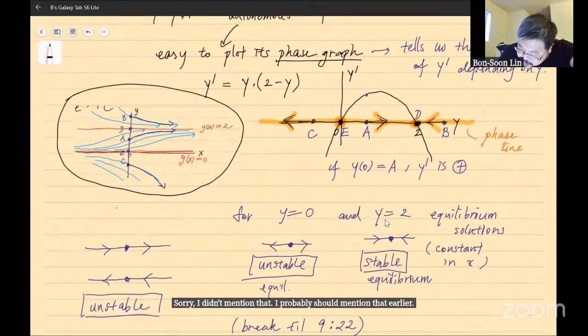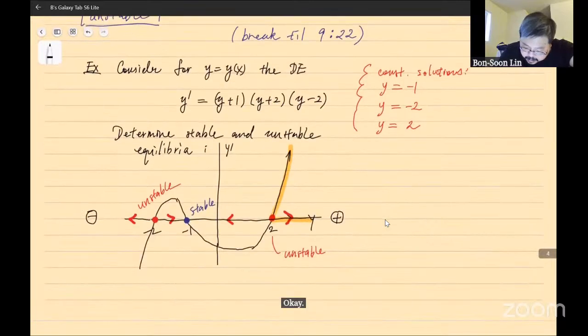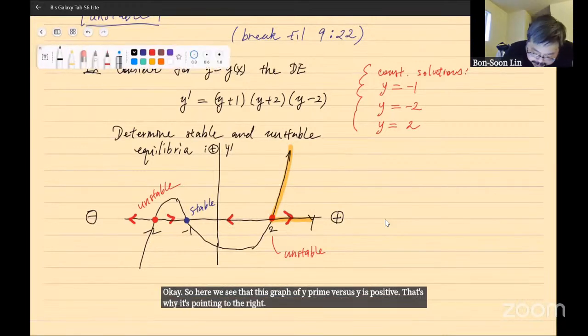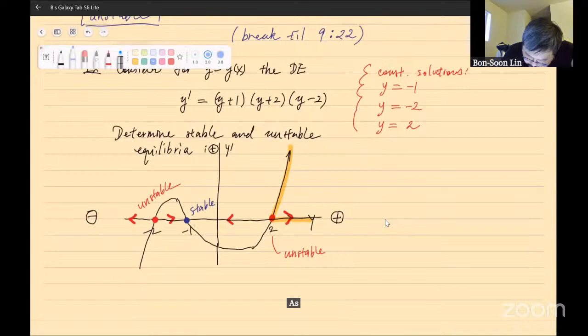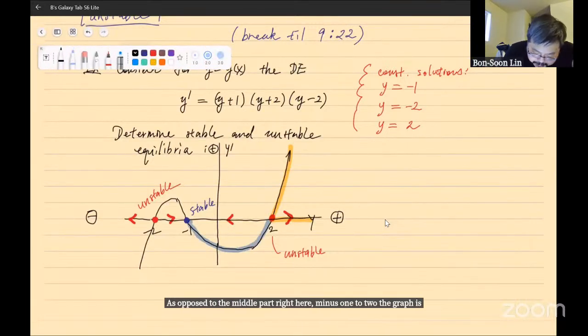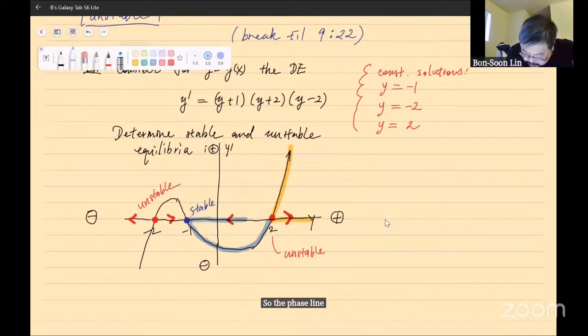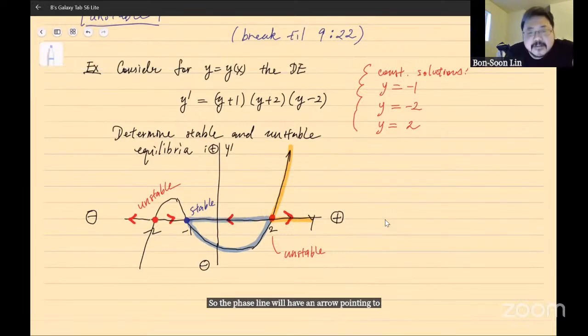Our convention is the axis to the right is positive, to the left is negative, up is positive, down is negative. So here we see that this graph of y prime versus y is positive. That's why it's pointing to the right. As opposed to the middle part, from -1 to 2, the graph is negative, so the phase line will have an arrow pointing to the left.